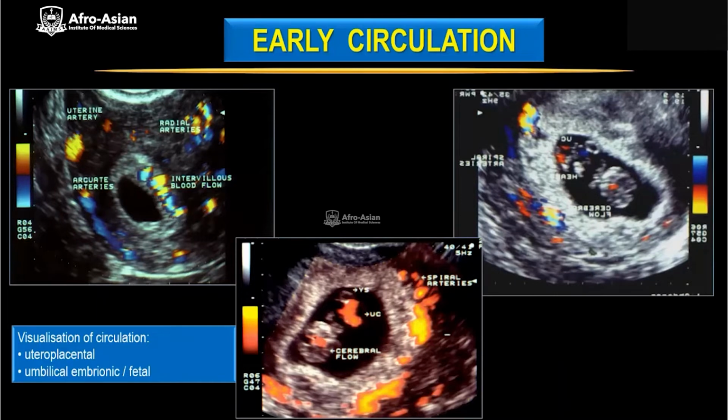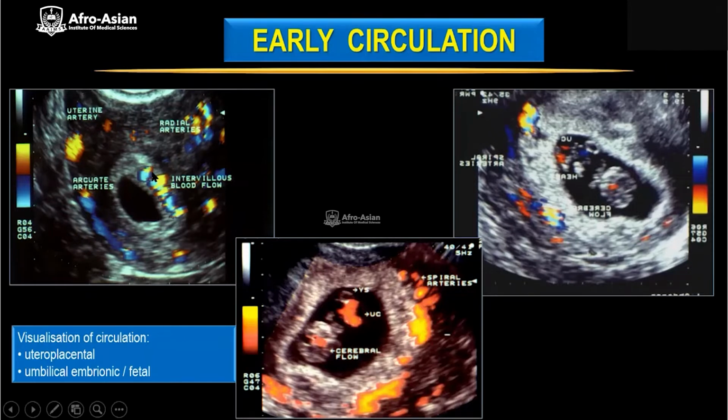So in early circulation, once we put on colors or power Doppler, this is the color Doppler and power Doppler here. The things we have to see in early gestation are the peritrophoblastic flow, the flow which is more prominent at the gestational sac.